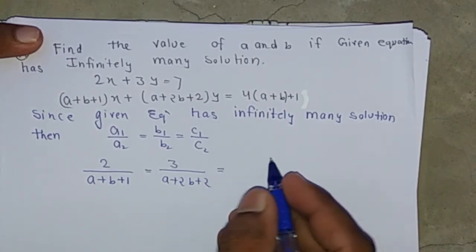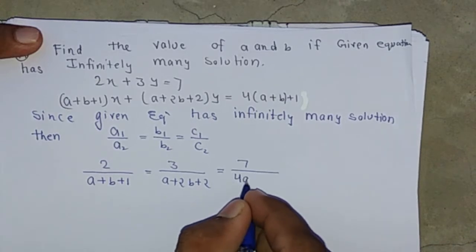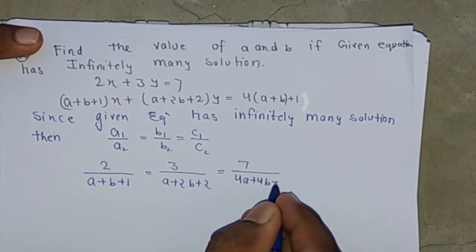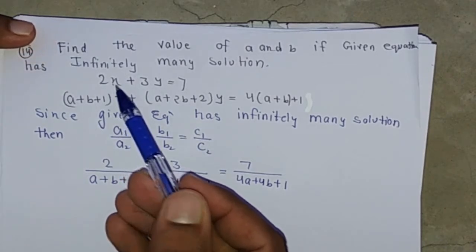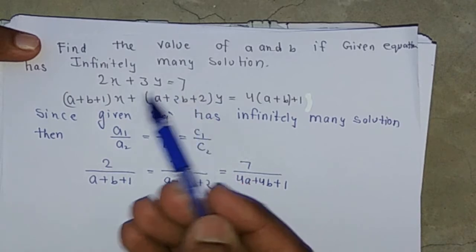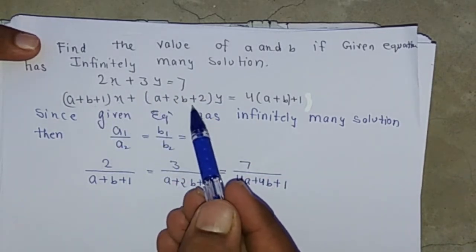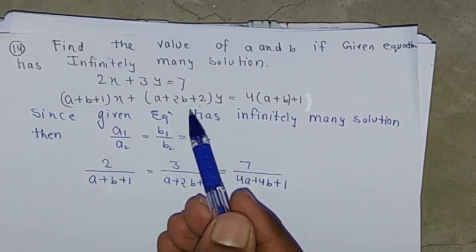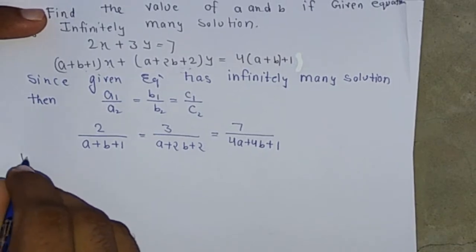And c1 by c2 means 7 by 4a plus 4b plus 1. Here a1 is the coefficient of x in the first equation, b1 is the coefficient of y in the first equation, and c1 is the constant term. Similarly, a2 is the coefficient of x in the second equation, b2 is the coefficient of y in the second equation and c2 is the constant term.